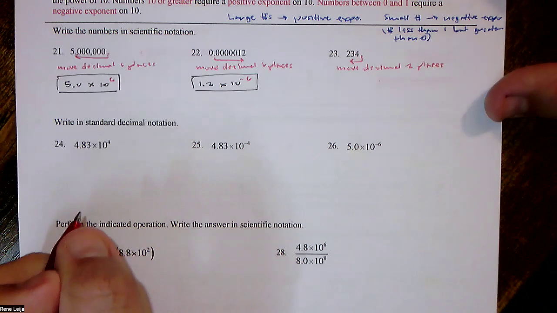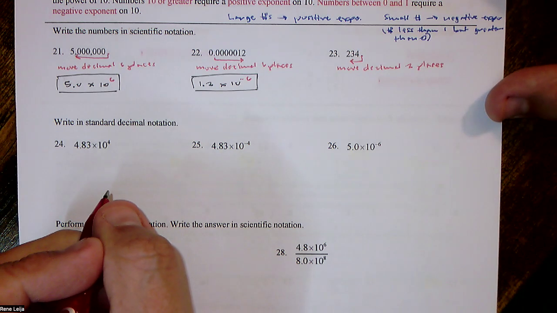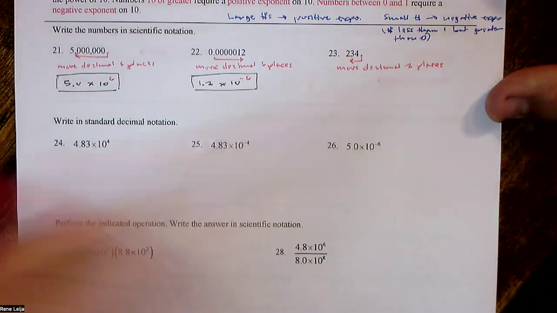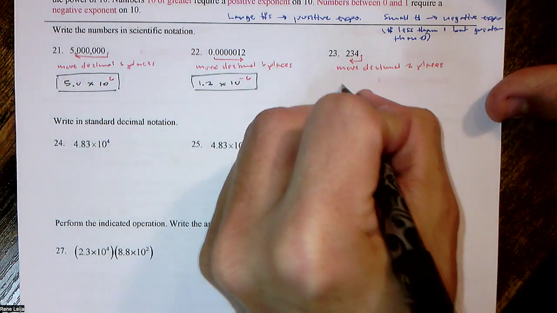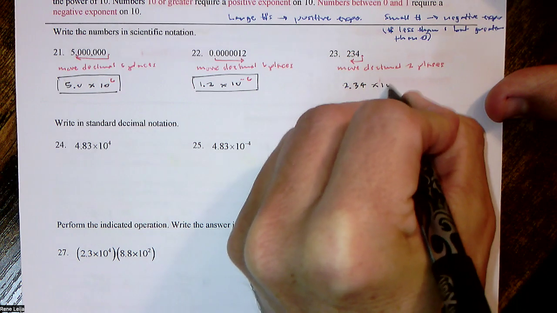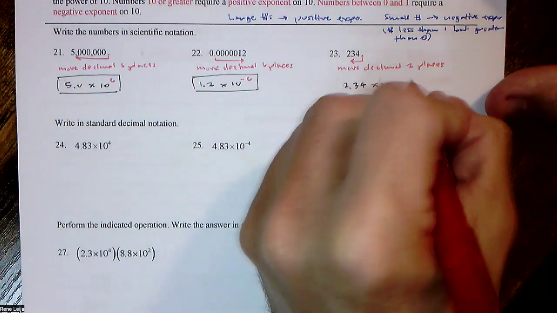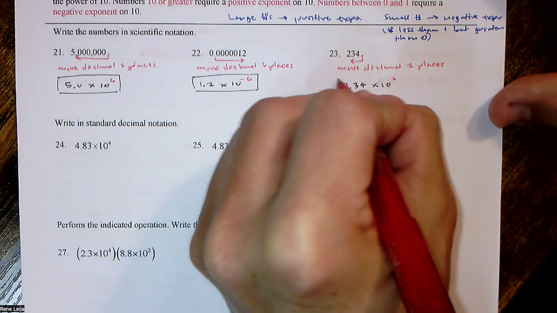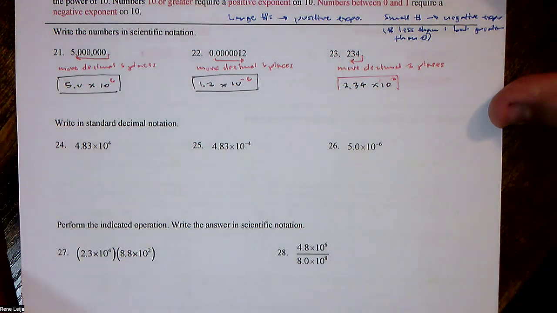Now, this is a large number because it's bigger than 1. So this is going to turn into 2.34 times 10 to the second power.